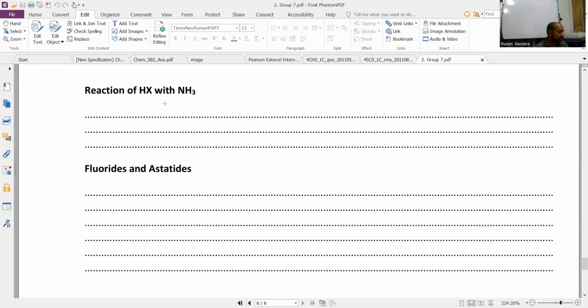All hydrogen halides react with ammonia to form white ionic solids, and these are called salts, ammonium halides.